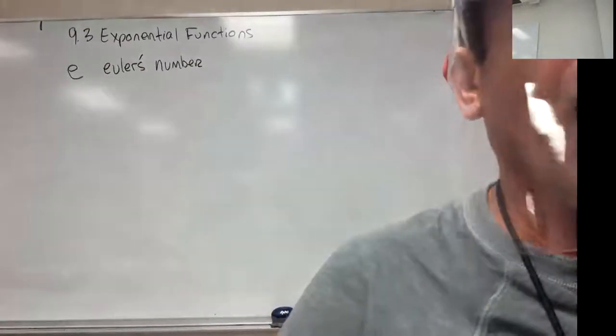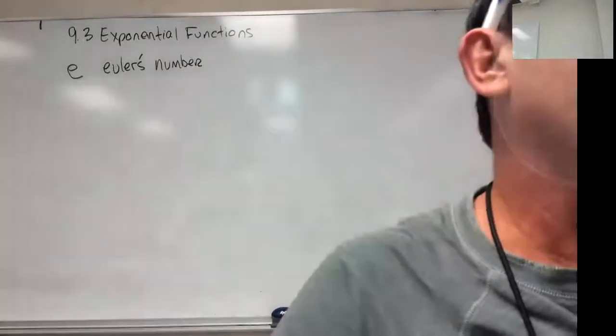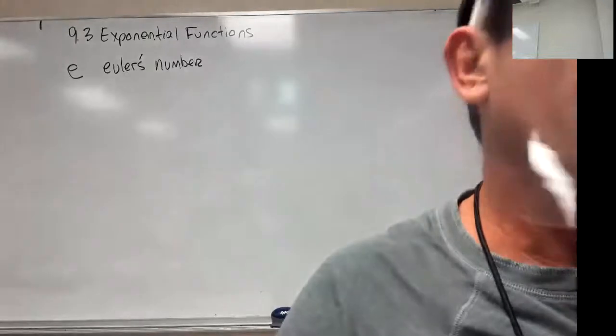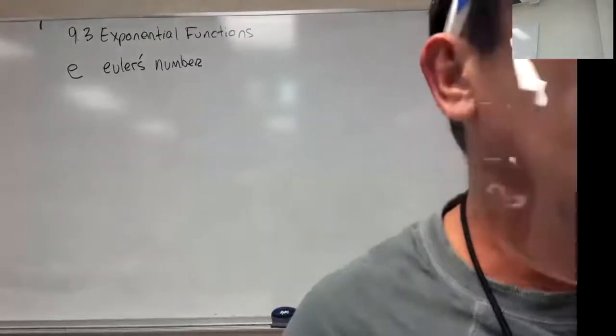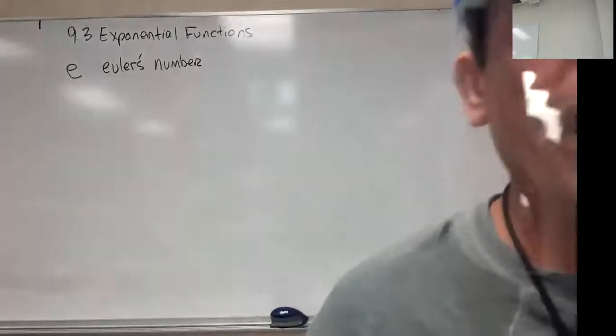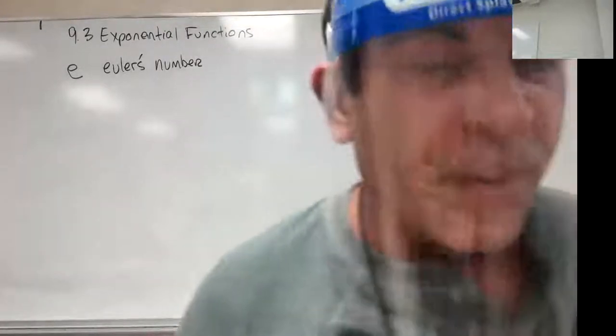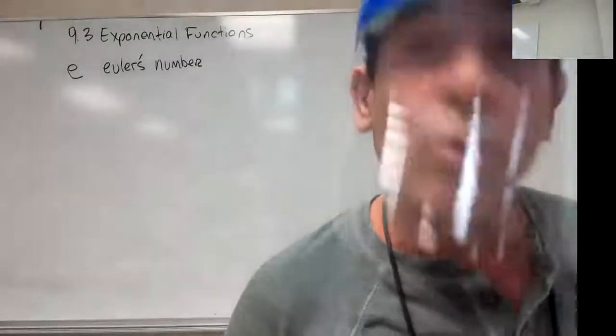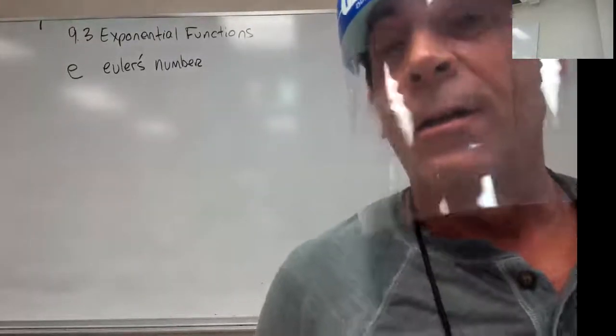And I won't get into a lot of detail about it, but it's almost a horizontal asymptote that certain graphs approach that deal with interest type problems. So if you get into business, they'll probably talk about it a whole lot more. We're just going to evaluate it in here.